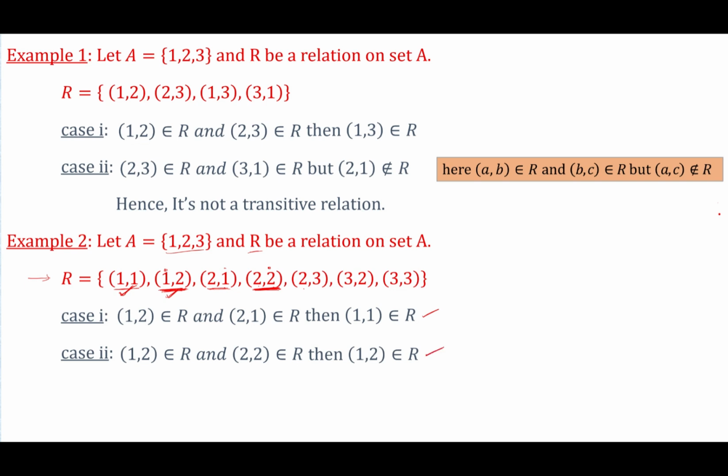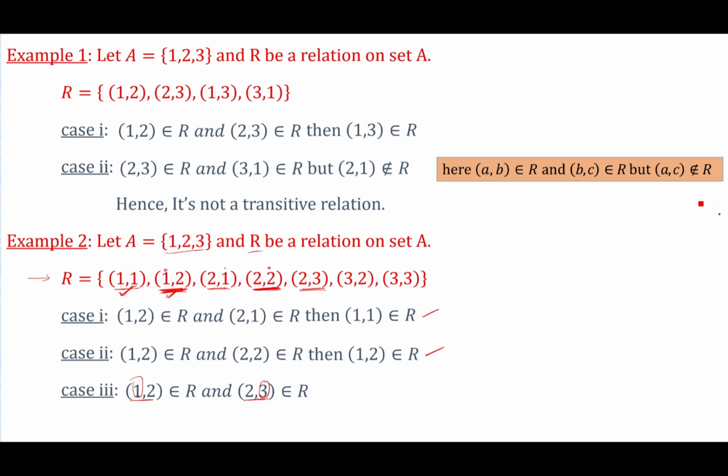The third case is (1, 2) and (2, 3). If (1, 2) is there and (2, 3) is there, then (1, 3) must be there in my relation. Is (1, 3) there? No, (1, 3) is missing.